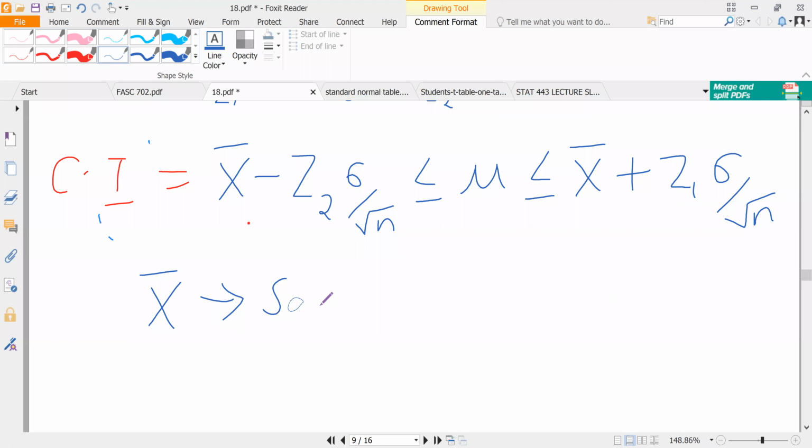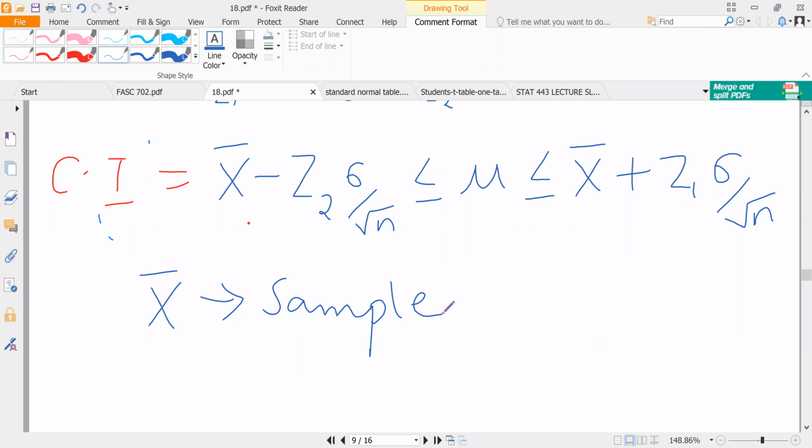This one is the sample mean, so it can be calculated once you have your sample. N is the sample size. Sigma is the population standard deviation. But if you do not have the population standard deviation, you can use the sample standard deviation to calculate it.